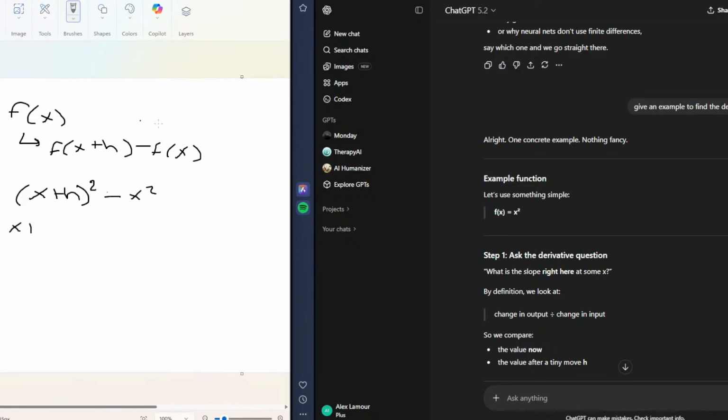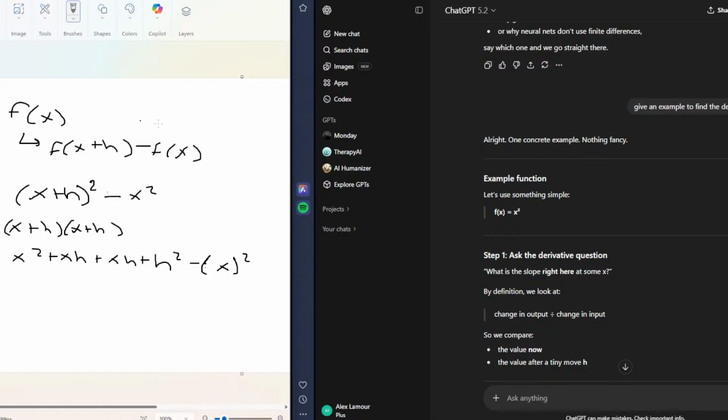So then you're saying x plus h, x plus h, which gives you x squared first, plus xh outside, inside, plus xh, then last, plus h squared, minus x squared.